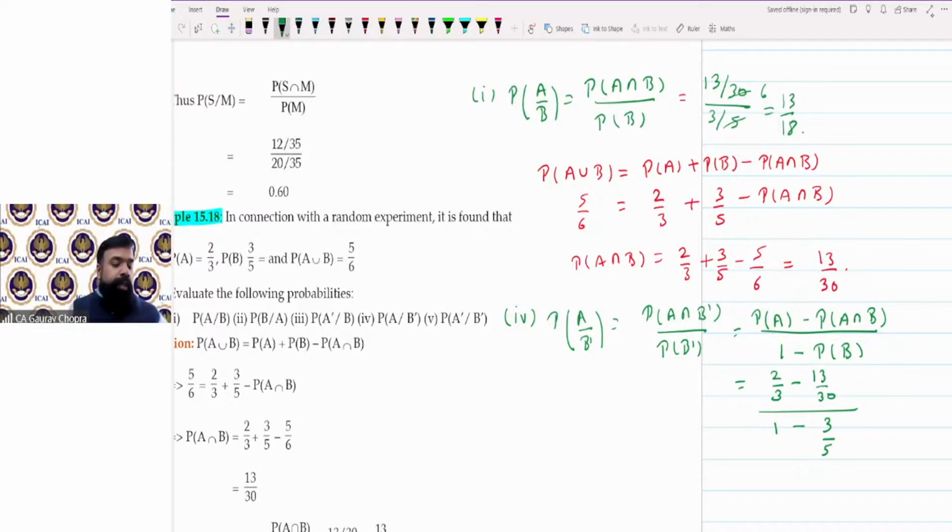Yes, so Shruti Pathak has given the answer 7 upon 12. So 7 upon 12 becomes the answer.